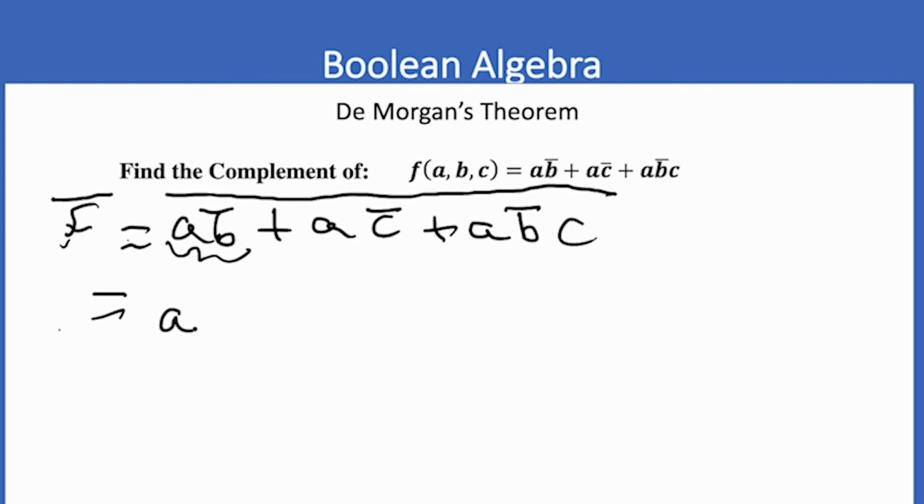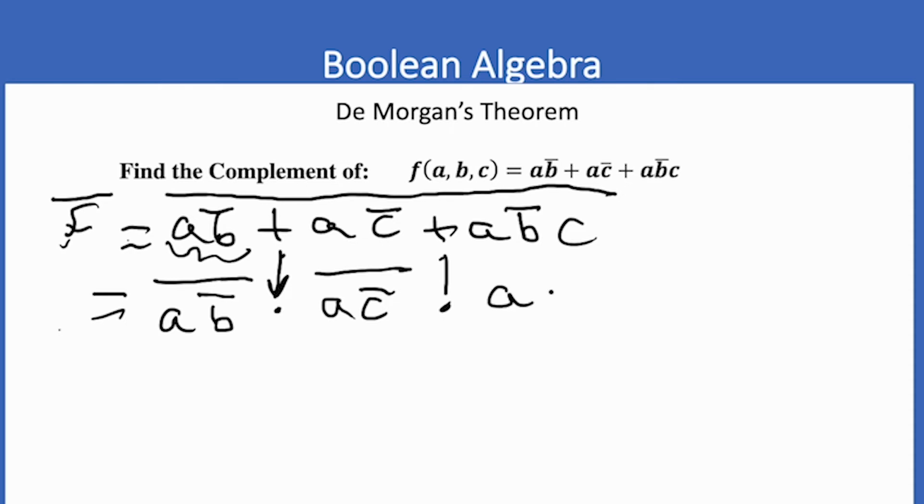We're going to get A B bar complemented. And again, they're all summed, so we can do it. It applies because they're all sum and they're not a mixture of sum and multiply. Times, because this is going to change to a times. The next term is going to be A C bar complemented. And then we'll bring down this plus to make it a multiply.